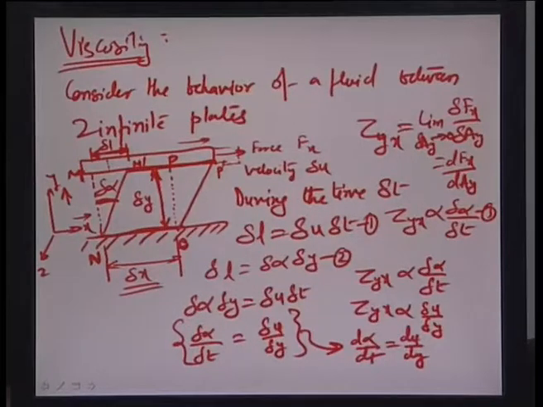So, thus the fluid element when subjected to a shear stress tau y x experiences a rate of deformation given by du by dy, as can be seen in this illustration here. At least fluids in which this proportionality between shear stress and rate of deformation exists are known as Newtonian fluids, as we all know.